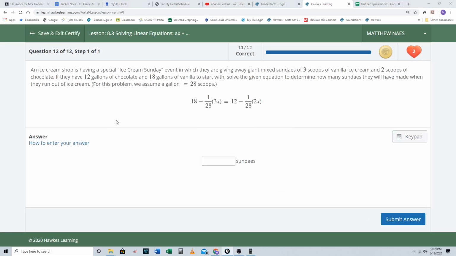Probably have another one of these. Okay, yeah. This seems like a bit of a mess. So I'm going to do that trick that we did before, which is to multiply everything by the denominator. So that times 28, that times 28, that times 28. A nice thing is that's going to cancel. Don't forget this times 28 too. So calculator, because I don't know 18 times 28.